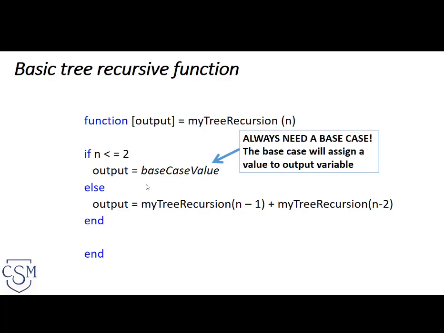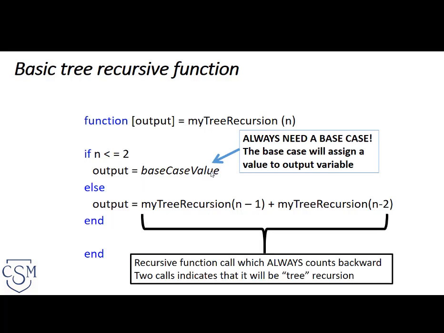So of course, we always have a base case, except this time we recursively call the function twice. So where before we only called it once, now this will call its function twice. And what that does is it'll set 2 different branches off. For each recursive function call, it will recursively call itself twice. So it gets a lot more complicated.